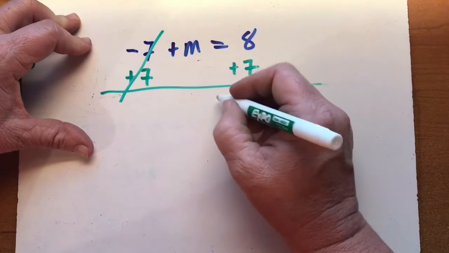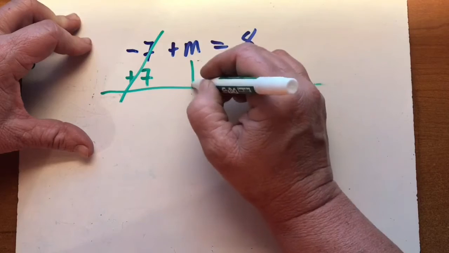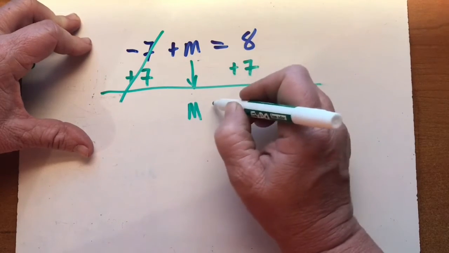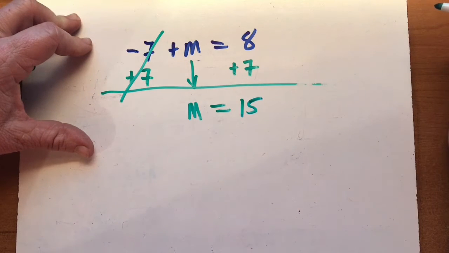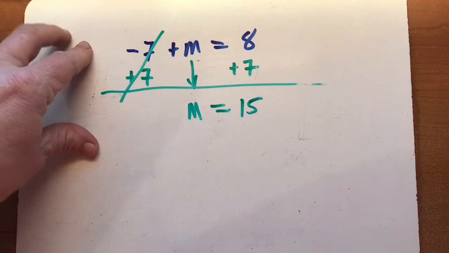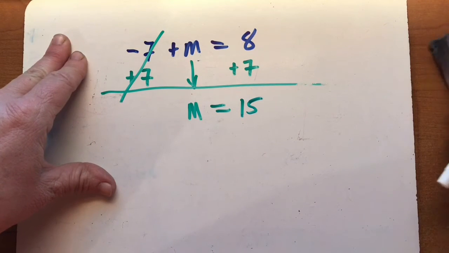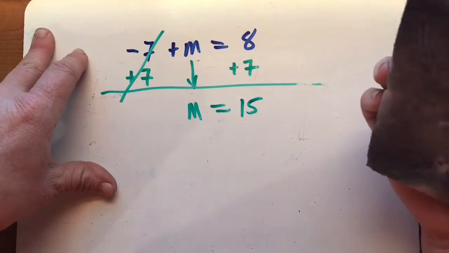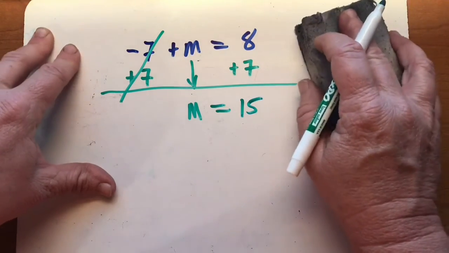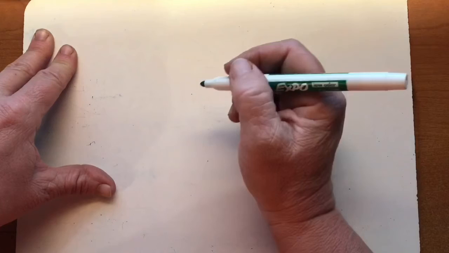Okay? So the only thing that's left on this side is the m. And then I do the math. 15. Voila. Okay, the minus signs and the negatives give people the most fits. For the most part, when everything is positive, not a problem.